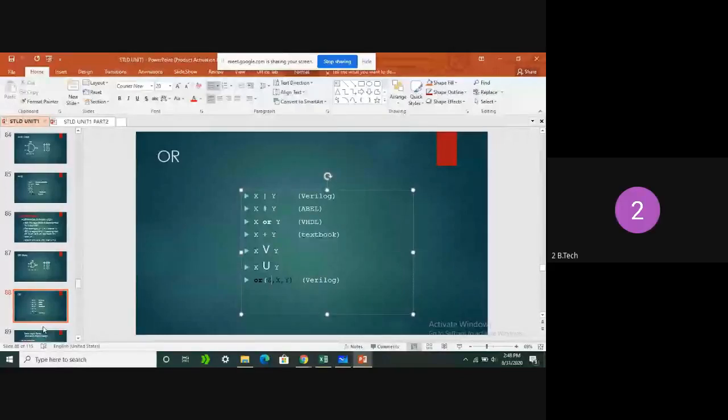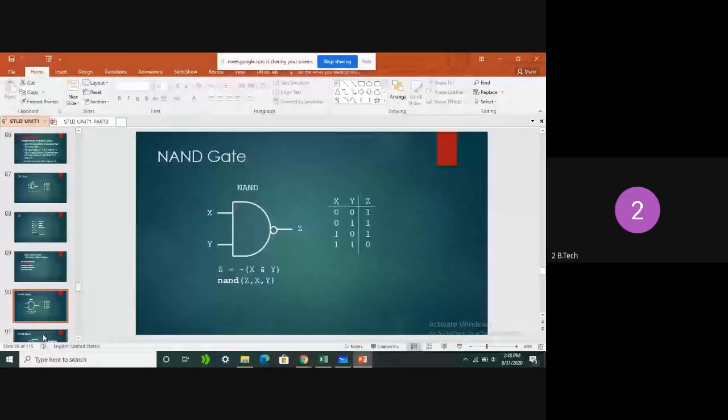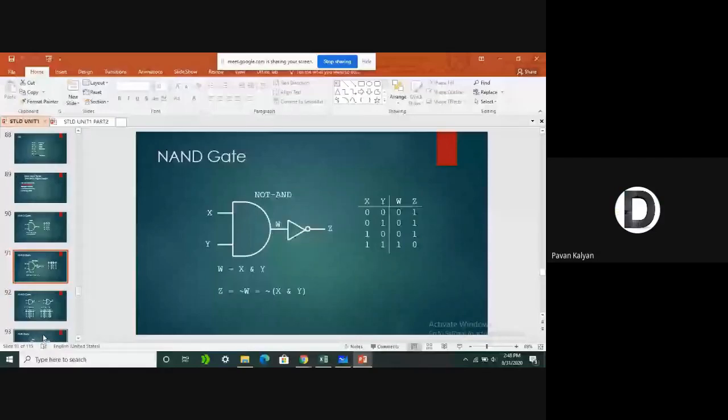Now we can see two important gates. NAND gate. Can anyone tell me what is NAND? Yes, it's the combination of AND and NOT gate.